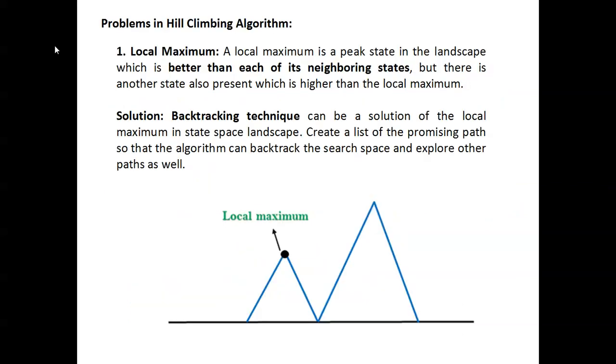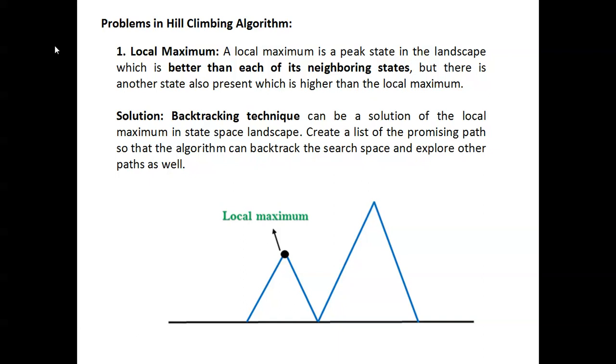Problems of the hill climbing algorithm. First, local maximum. A local maximum is a peak state in the landscape which is better than each of its neighbor states, but there is another state also present which is higher than the local maximum.